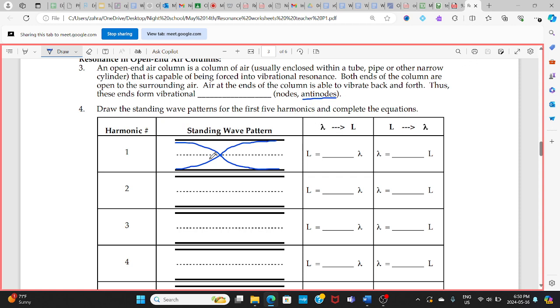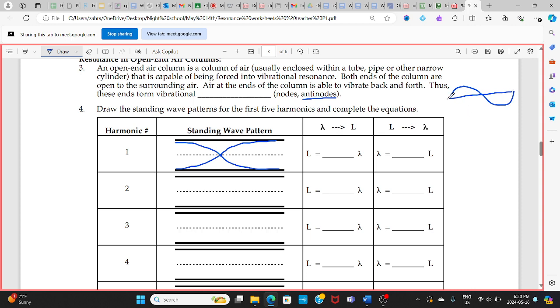And the length is equal to how many lambda? Can you guess how many lambda is this shape? Is it one? So this is the full lambda. I'm gonna just put the picture for you for the full lambda. Here to here, right?